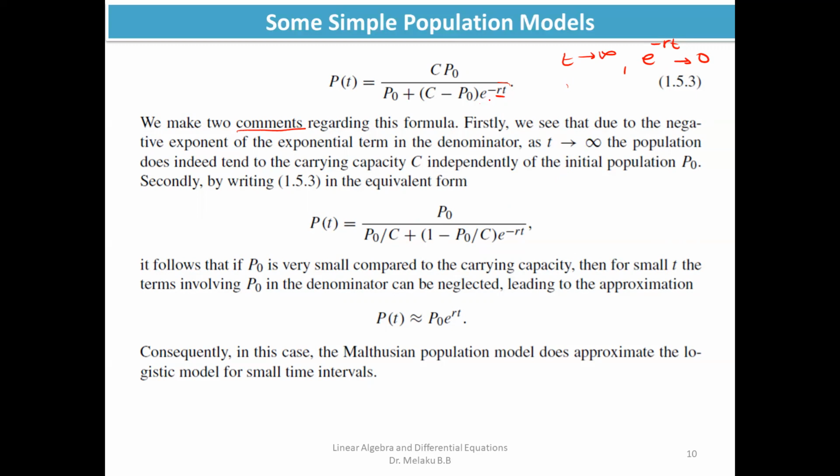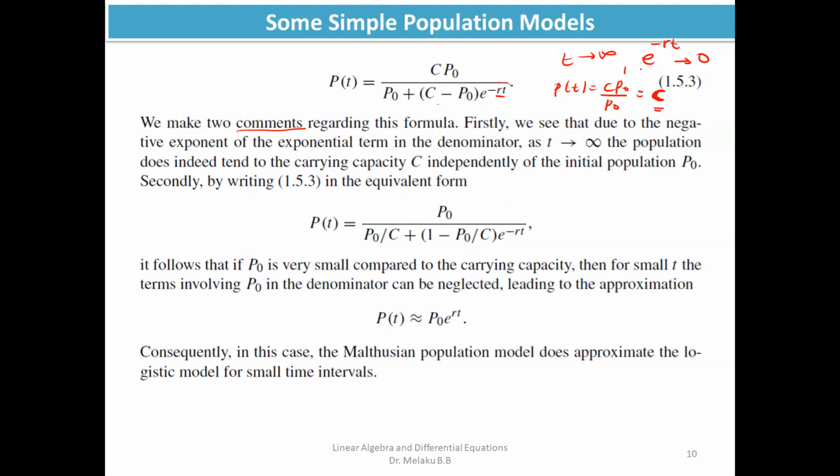Therefore, if this one is 0, which means this will be directly 0, you'll obtain P at t will be what? It will be C P naught over P naught, which means you'll obtain C, which is the carrying capacity or the limiting population volume.